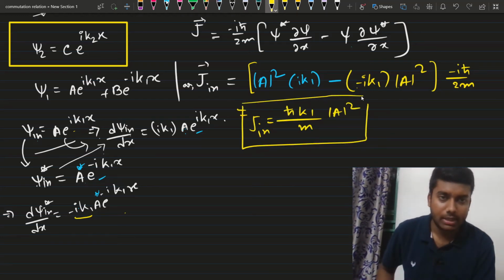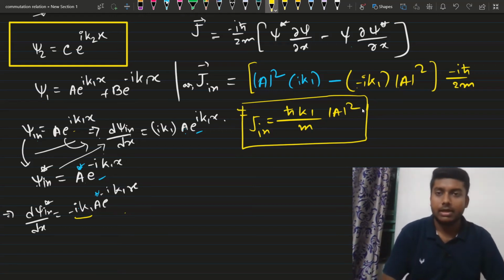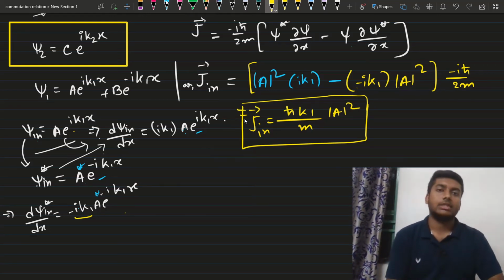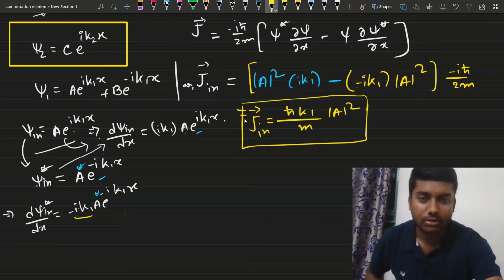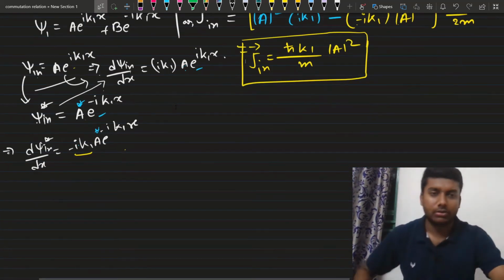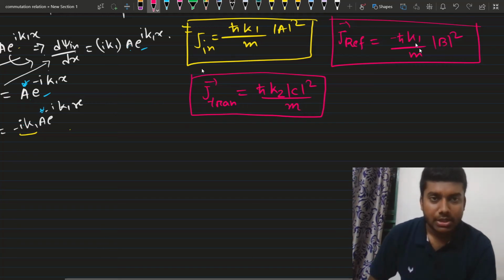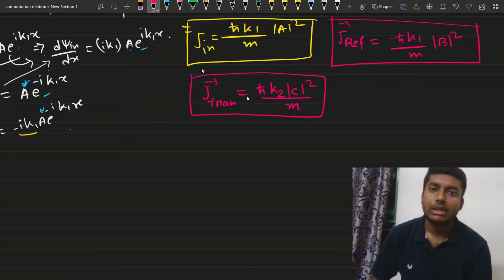Similarly, we can find the expressions of J reflected and J transmitted. So I am just writing down the expressions. You can calculate it on your own side. Now these are the expressions of J reflected and J transmitted.